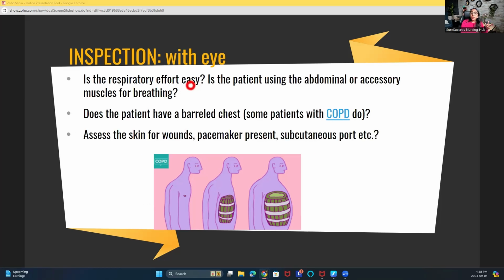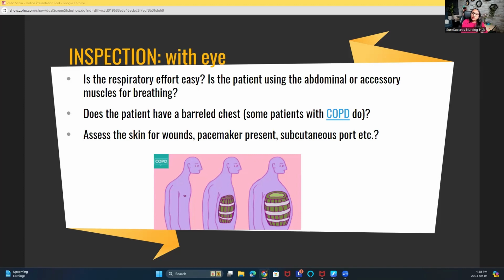Color of the body, you can see it with an eye. Is the respiratory effort easy? Is the patient using abdomen or accessory muscles? Normally, we don't use any muscles. It's naturally happening, breathing in, breathing out. But if the patient is using nasal flaring, chest retraction, abdomen muscles being sucked in, then it means the breathing is not proper.